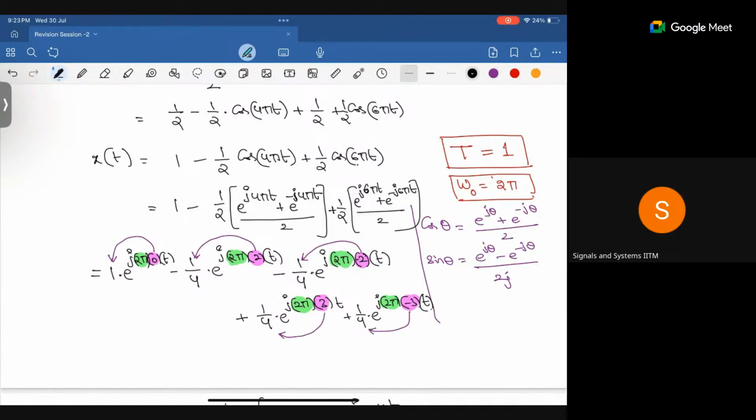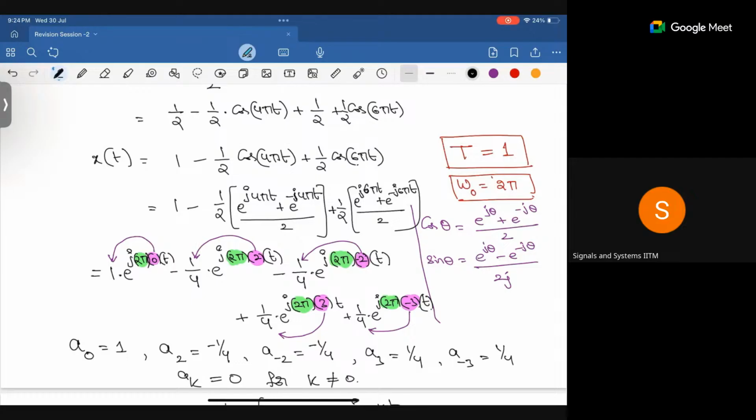Right. So if you compare, our A0 will be 1, A2 will be minus 1/4, A minus 2 will be minus 1/4, and A3 will be 1/4, and A minus 3 will be 1/4, and any other Ak are 0 for k not equal to 0, plus minus 2, plus minus 3, because we don't need those harmonics.